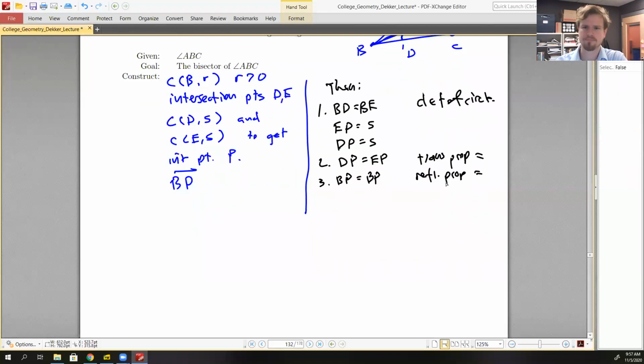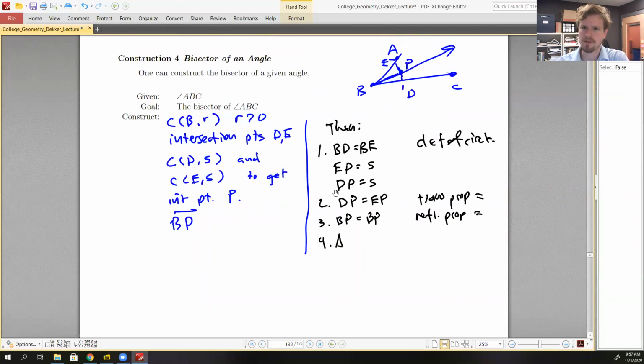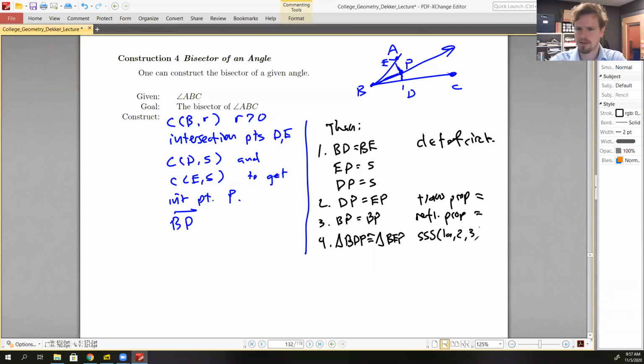And then we have that the triangles that we have created, BDP and BEP, are congruent. And that's by side, side, side, where we considered BD and BE are the same, DP and EP are the same, and BP is equal to BP.